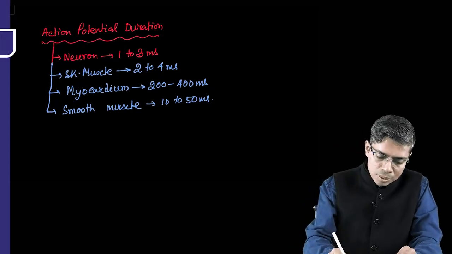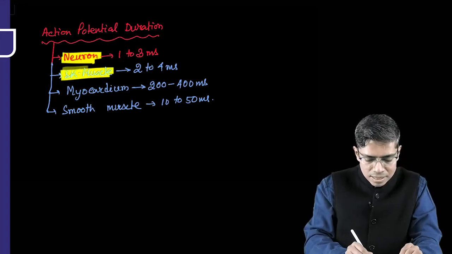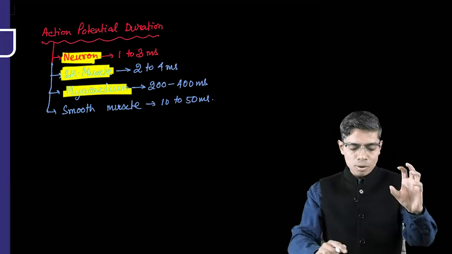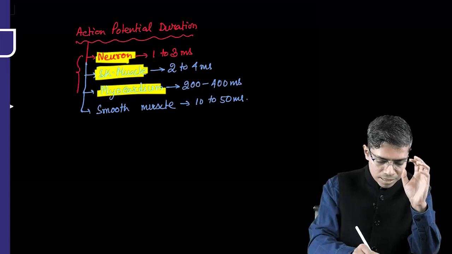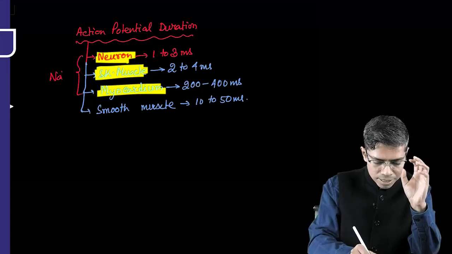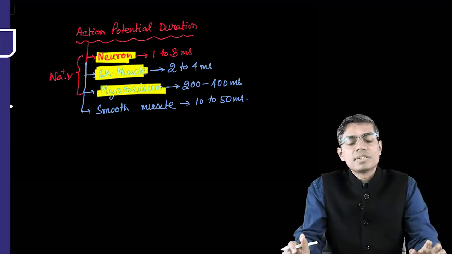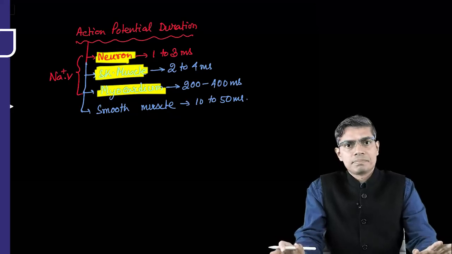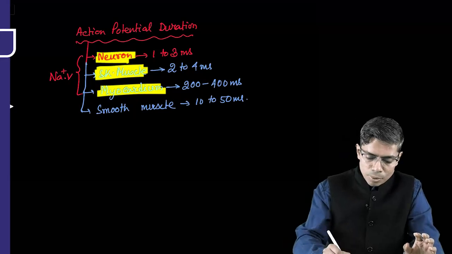So the neuronal action potential, the skeletal muscle action potential and the myocardium action potential, in all these 3 tissues the action potential is based on the same channel, that is the fast voltage gated sodium channel, the same ionic basis. But why is the myocardium action potential so prolonged?